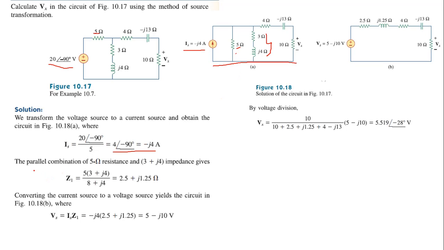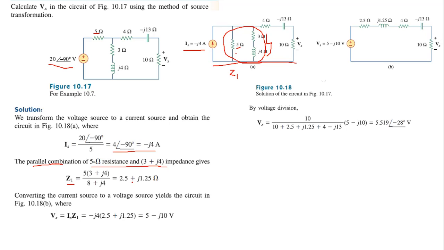So first we will find the parallel combination of the 5 ohm resistance and the 3 plus J4 impedance. Together this gives the value of Z1.